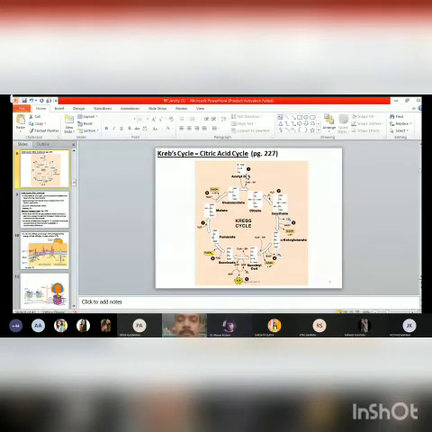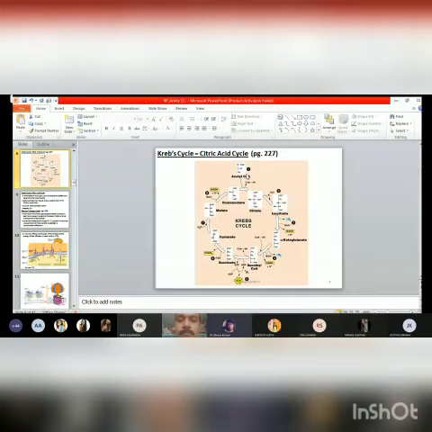So once we get citrate, it is isomerized into isocitrate, and isocitrate is converted to cis-aconitate, which is not shown here, and that will be oxidized, and this is called oxidative decarboxylation. Very important. This is the step where we get our first carbon dioxide molecule.